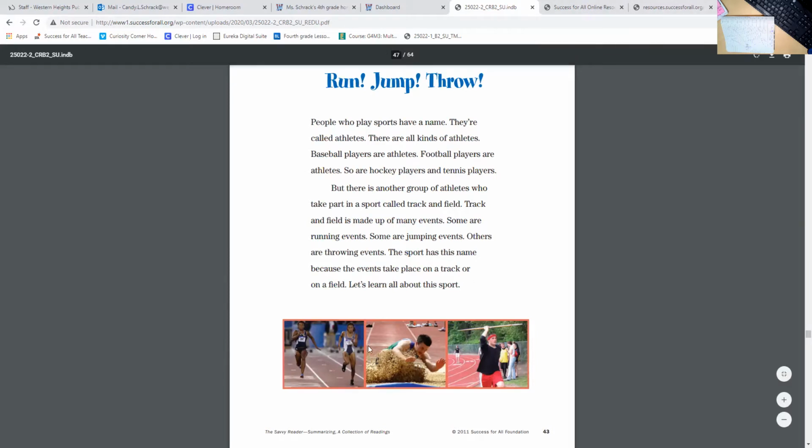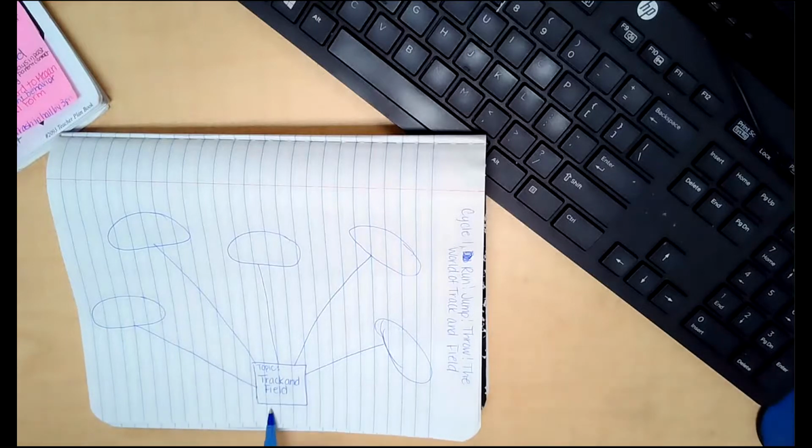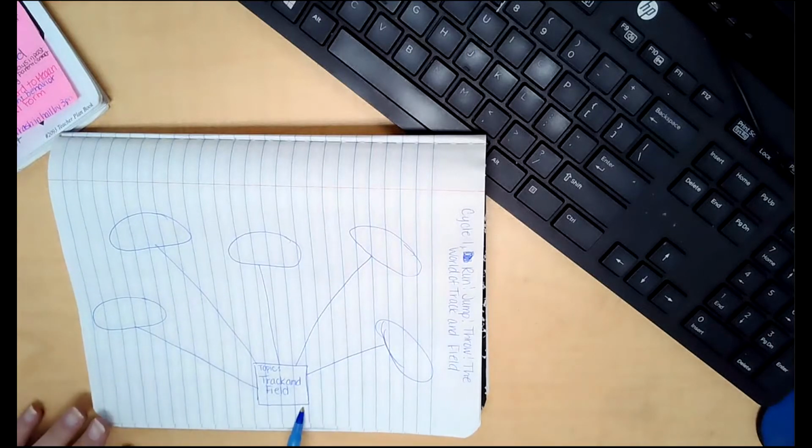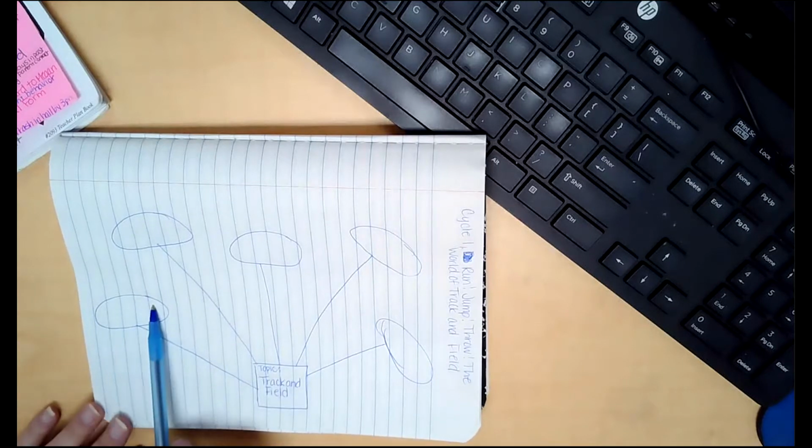Okay, so I'm going to go back to my idea tree and I'm going to fill it in. So I think the main topic is track and field, so I'm going to put that here. That's the main part of our story. But one of our main ideas is that the whole thing was mainly about track and field athletes.